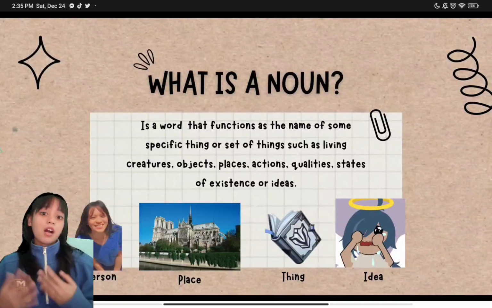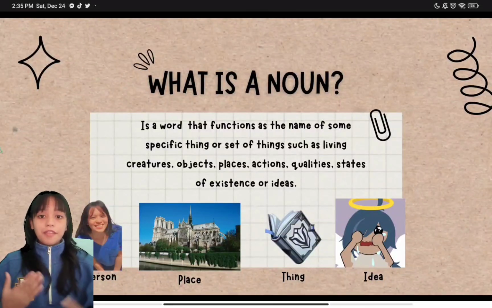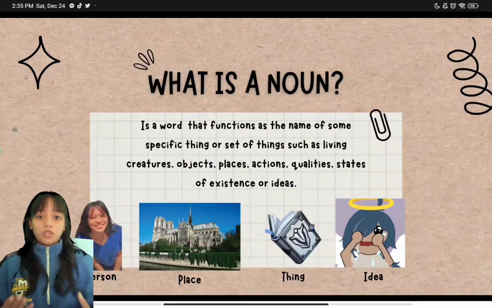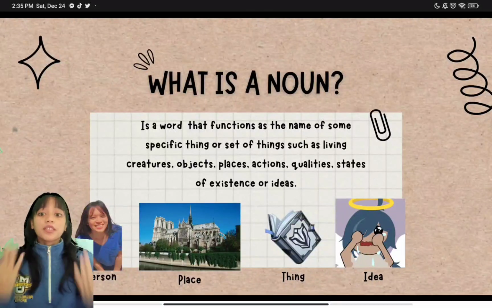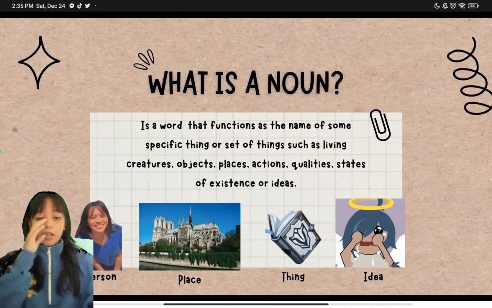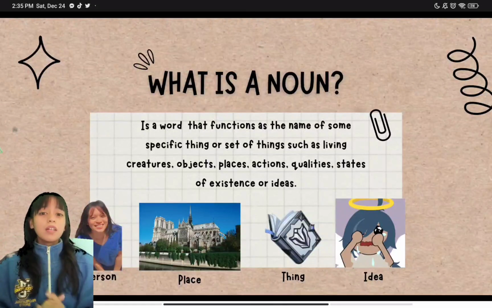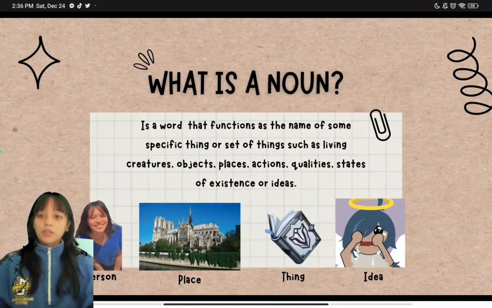Ideas are senses that we cannot touch. For example, our emotions: we cannot touch them, but we feel them, we sense them. It's an idea, like when we're sad. In the example below, it is shown that the poor guy is crying. So that is also a noun. Being sad is a noun as well.